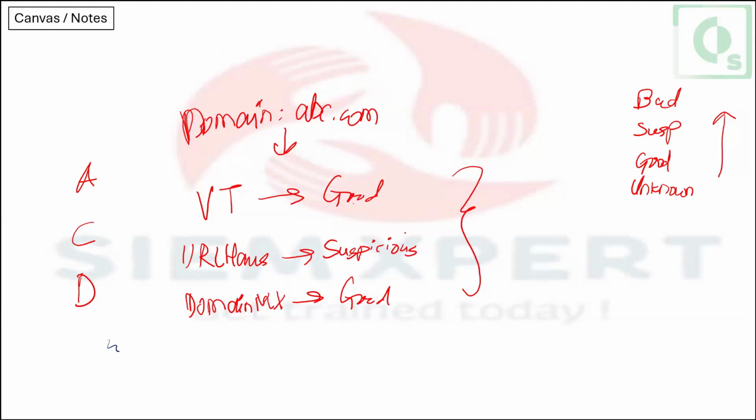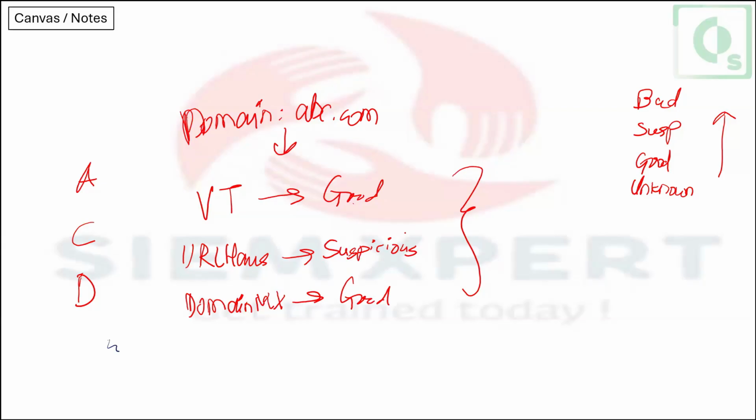Now, the question arises: will the worst verdict logic work, or will reliability take the priority? Always remember, reliability will always take priority over the worst verdict logic. I repeat, reliability will always take control over the worst verdict logic.